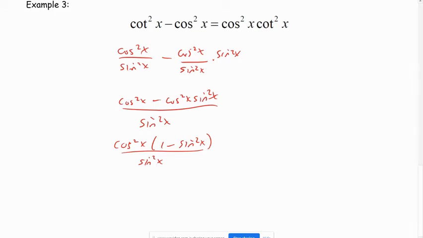And cosine squared over sine squared is cotangent squared. Actually, let me write it like this. I'm just going to write cosine squared x. This, by the Pythagorean identity, is also cosine squared x.